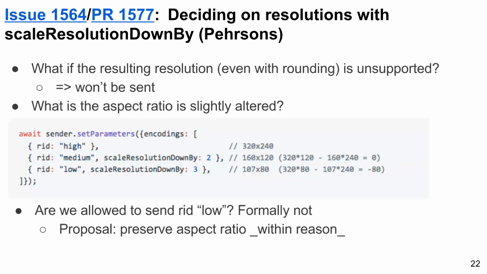So if you have a scale down by 3, let's see. I like Justin's idea of shaving off a line, but yeah. So this is the within reason, basically allowing the aspect ratio modulo the fact that we have integer number of pixels to be the same.